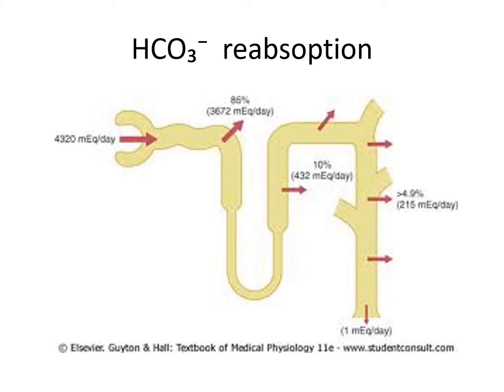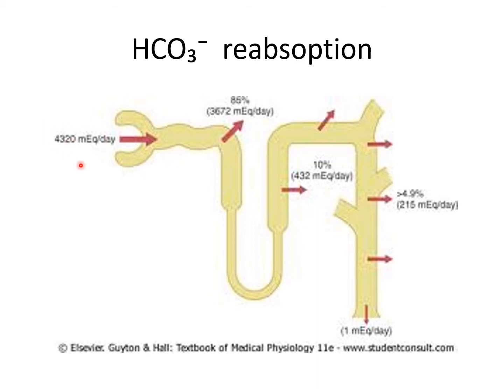Bicarbonate is freely filtered by the glomerular membrane. So we can easily calculate the filtered amount of bicarbonate: GFR multiplied by the concentration of bicarbonate in the plasma, which is normally 24 milliequivalent per liter, and as we know the GFR is 125 ml per minute.